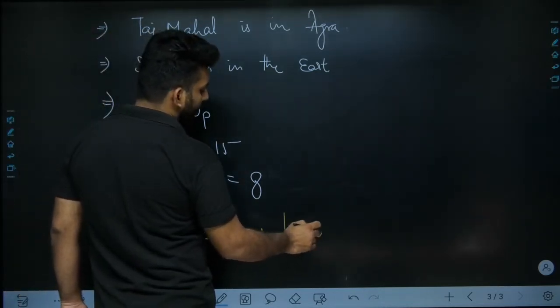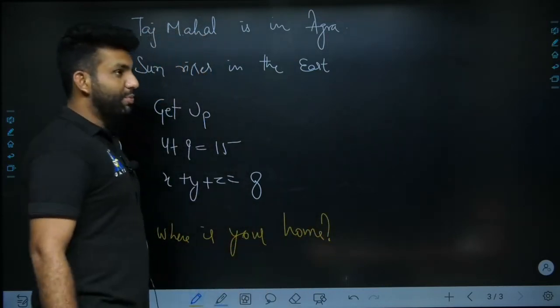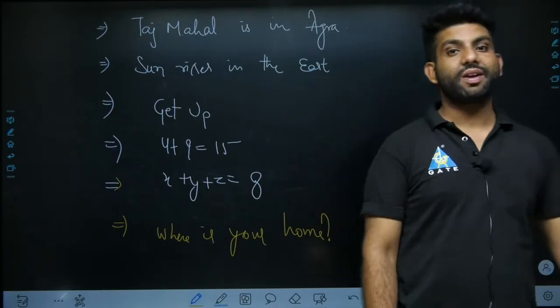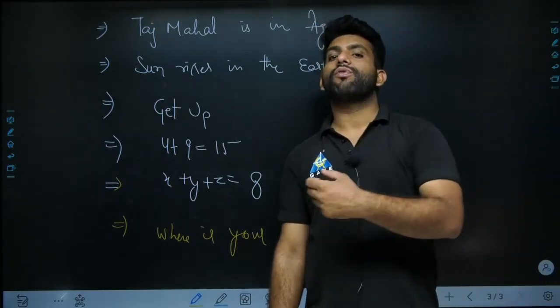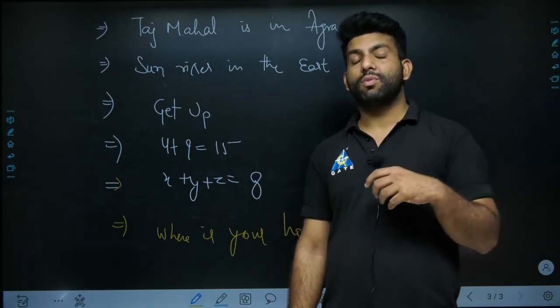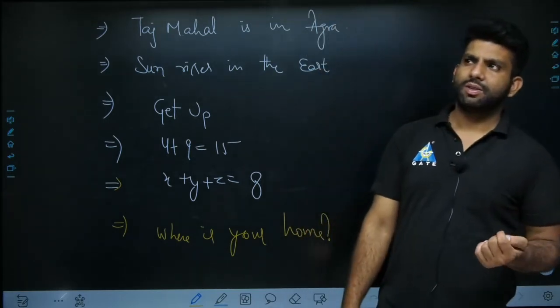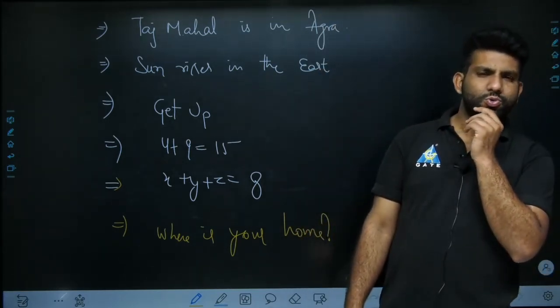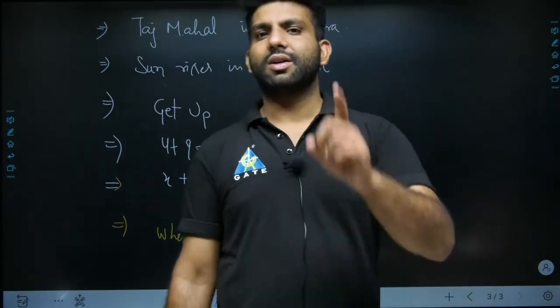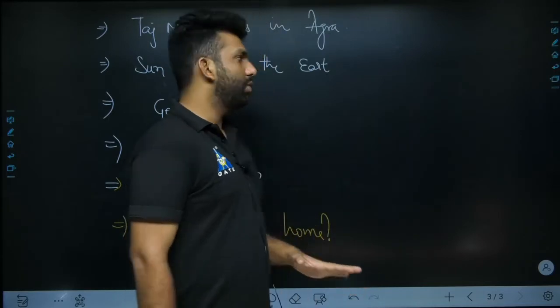So first of all, we need to understand what a declarative statement is. If we know that, then we need to find whether that declarative statement has either a true only value or a false only value. There must not be any confusion. We must not be confused that the value may be true or may be false. It must be clear cut, either true or false only. That's it. So let's see over here.